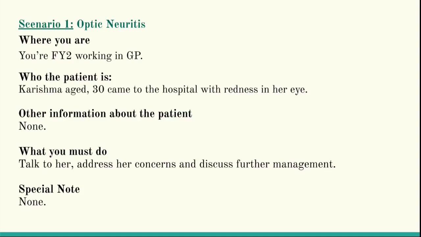In simple words, swelling in the nerve of your eye. Once you have told her this, tell her that sometimes it can be associated with other conditions like multiple sclerosis and some other conditions as well. She might be concerned and ask you about it.